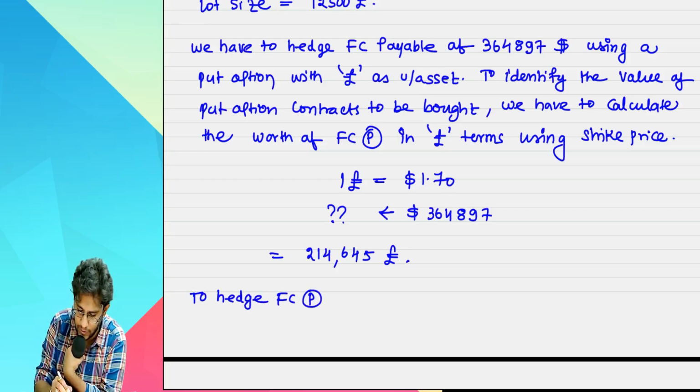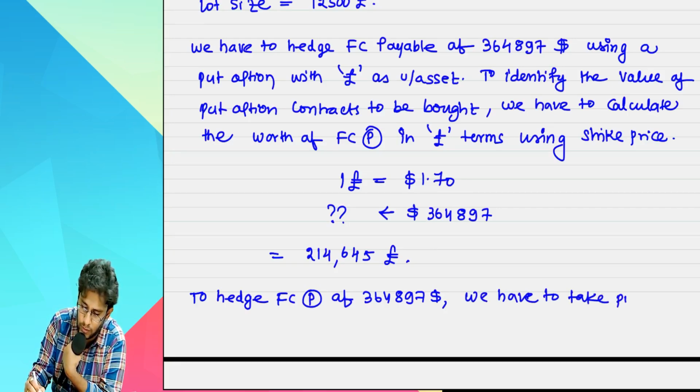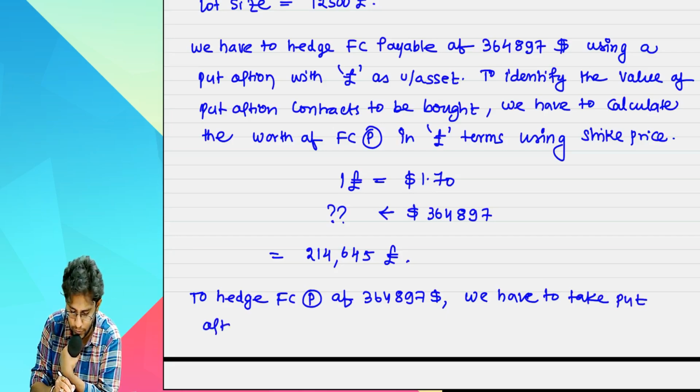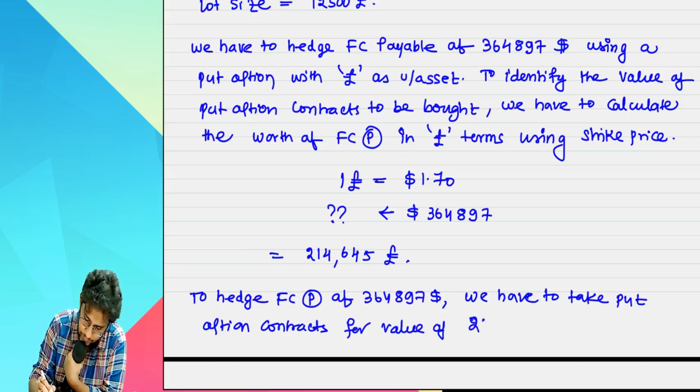To hedge the FC payable of $364,897, we have to take put option contracts for a value of 214,645 pounds.